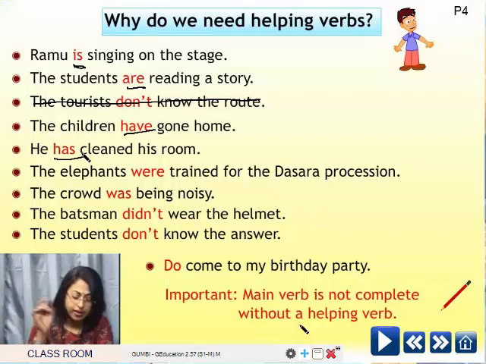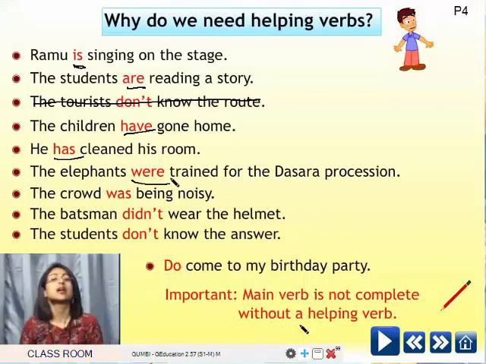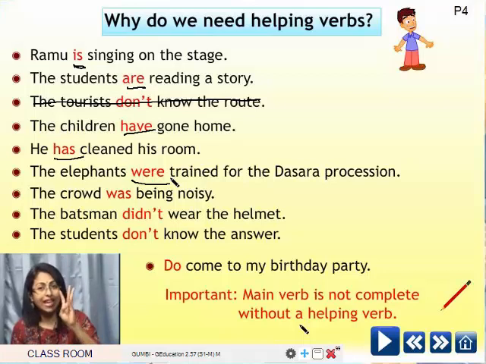Is that clear? Alright. The next sentence. The elephants were trained for Dasara procession. Were would be used with they, you, we. Correct. So it's a plural form, so I will be using were.